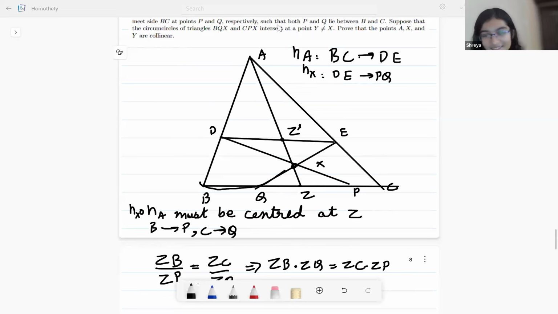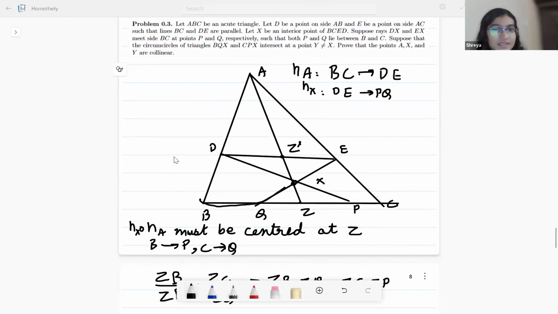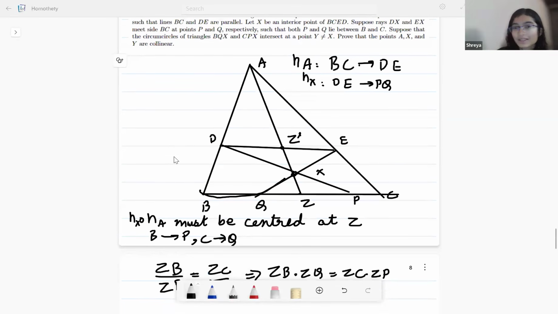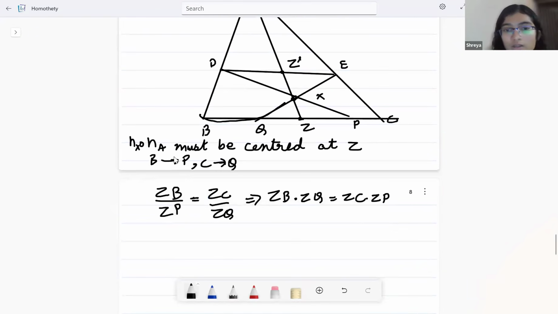There exists a solution using that, but it's not as nice in my opinion. So it's a lot better to consider point Z, because then all of these are already really nice points. What you need to prove is that Z lies on the radical axis, so the power of Z is equal with respect to both circles. Do you see why it suffices to show this?